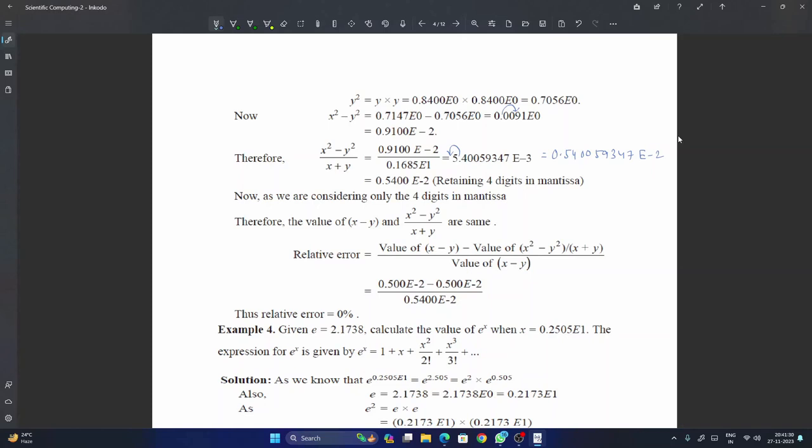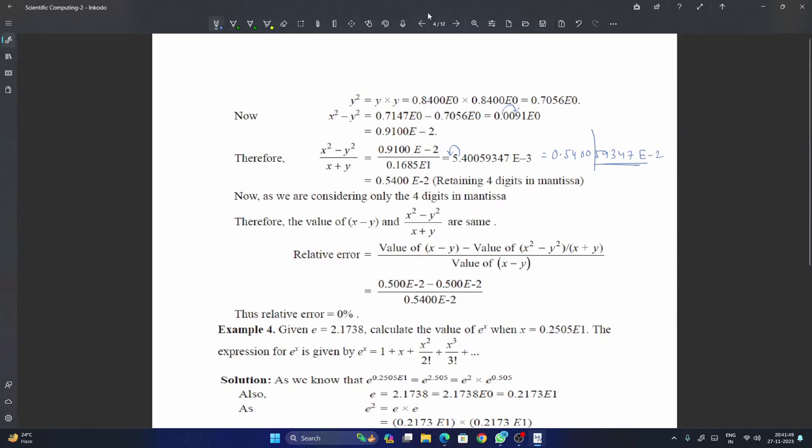Now fortunately you have 2 after the 5 4, so after the truncation also in that machine, it is 0.5400 into e minus 2, retaining the 4 digits. That is the value, and this value is actually the same as the previous value.